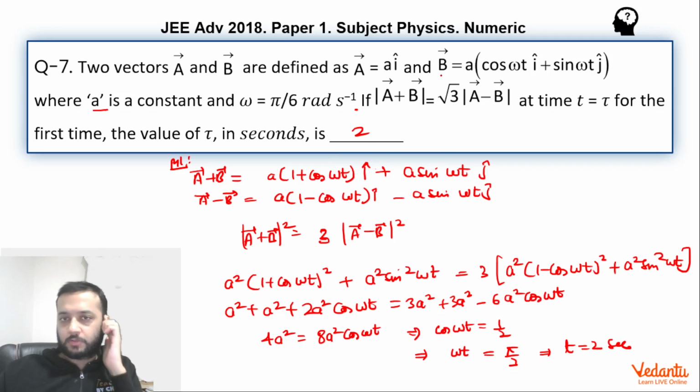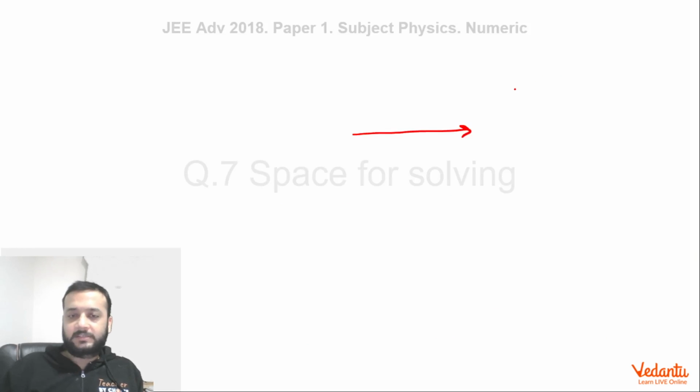However, the B vector is rotating at a constant angular velocity omega and its magnitude is A. So at time 0, the B vector was pointing along i cap, that means it was parallel to the A vector, and it starts rotating in the anti-clockwise direction. Let's assume omega to be positive in the anti-clockwise direction. So at a certain instant, it would be making an angle theta, right?